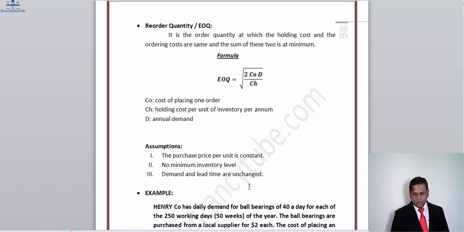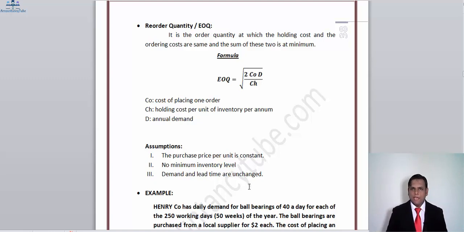The formula of EOQ is the square root of 2 CO D over CH. CO tells us the cost of placing one order, CH is the holding cost, and D is annual demand. Now there are certain assumptions for this formula. The purchase price per unit is constant, it does not fluctuate. There is no minimum inventory level. Then demand and lead times are unchanged, which means the environment should be fixed.